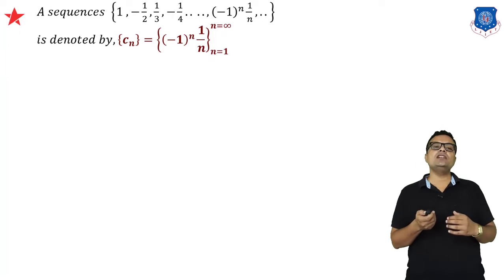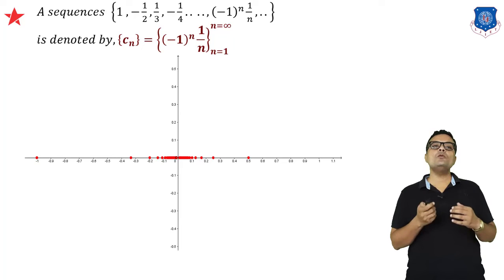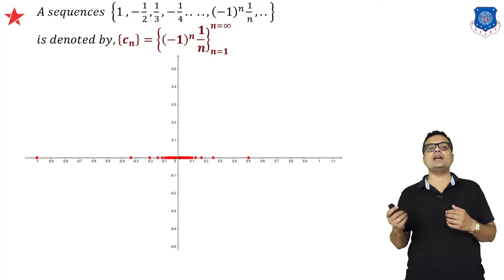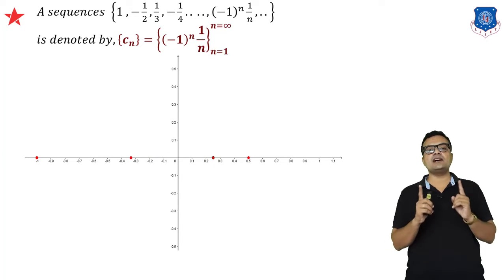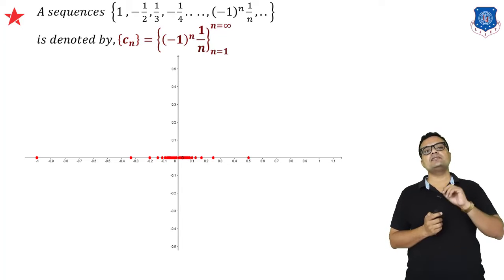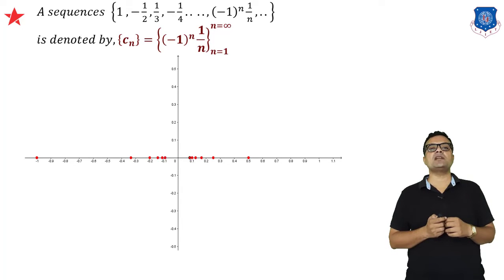Now let us come to the third part. Now see here the values are moving towards the origin but in a different pattern. If I consider this sequence, then the values are coming from the left and also from the right. They are reaching the origin by considering left-handed as well as right-handed values alternatively, as here 1 by n is multiplied by minus 1 raised to n.